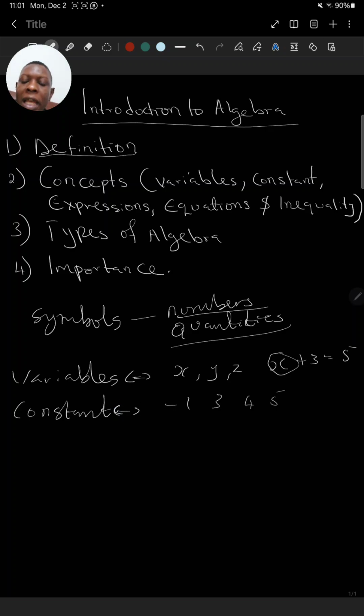All right, now the next very important concept is expression. What is an expression? An expression is a combination of variables, constants, and mathematical operations. Now, we have something like x plus 3y.